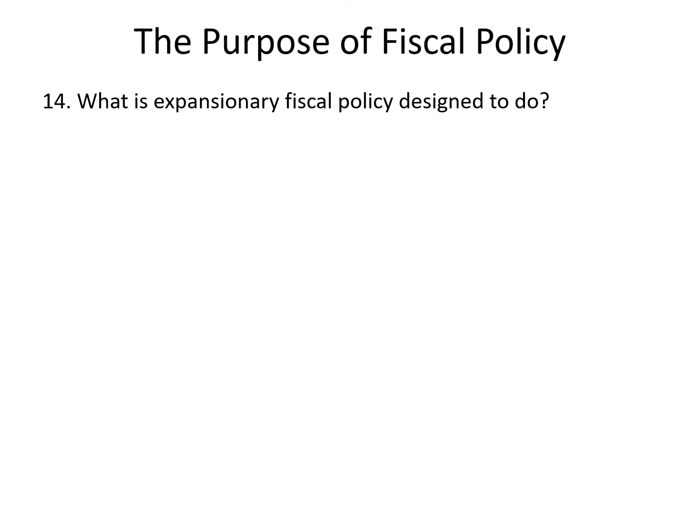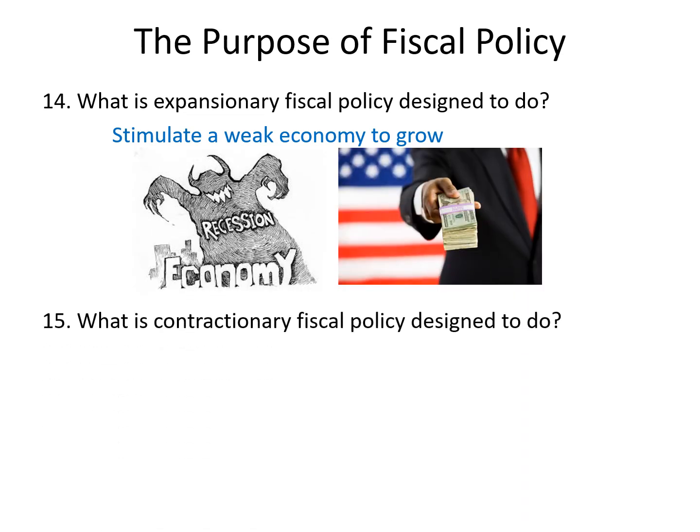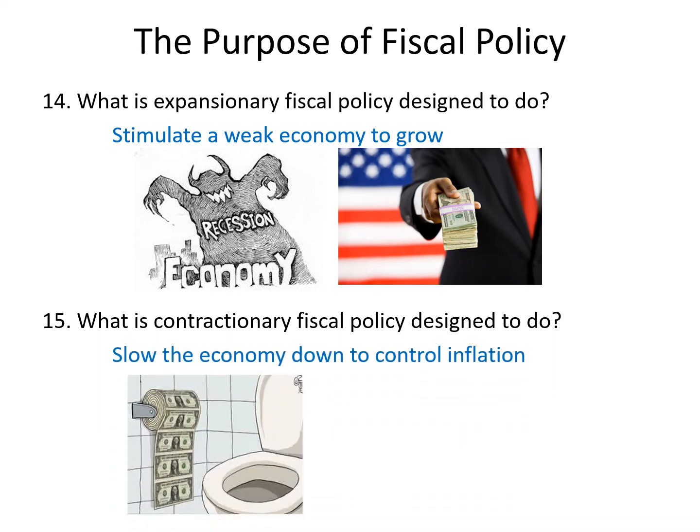So expansionary fiscal policy, again, that means we want to make the economy bigger. We want to stimulate a weak economy. We're trying to get it to grow, which is what's going on right now. We want to get rid of the recession. Contractionary fiscal policy, we want to make the economy slow down a little bit so inflation doesn't get too high. You see from the pictures, money's becoming not worth as much.